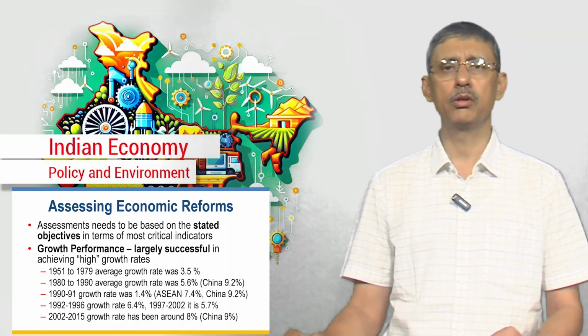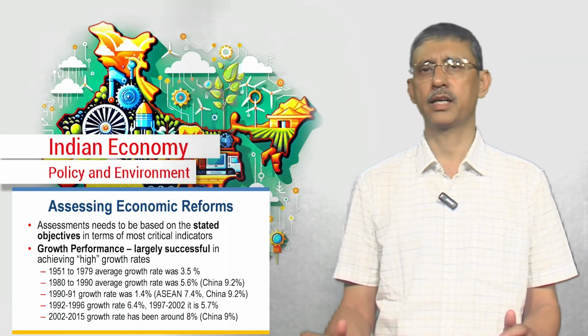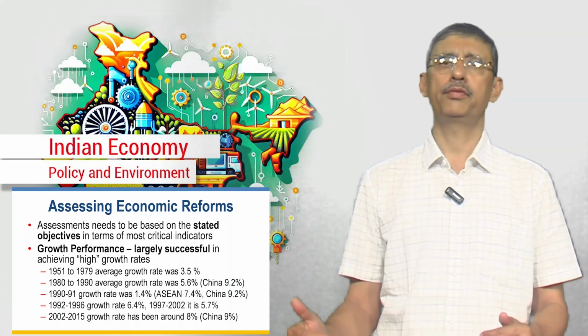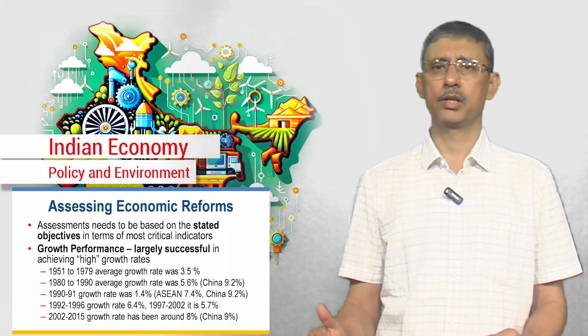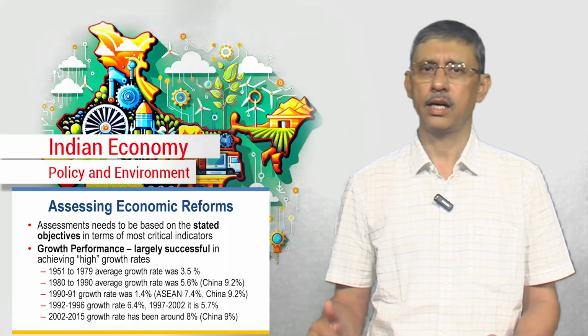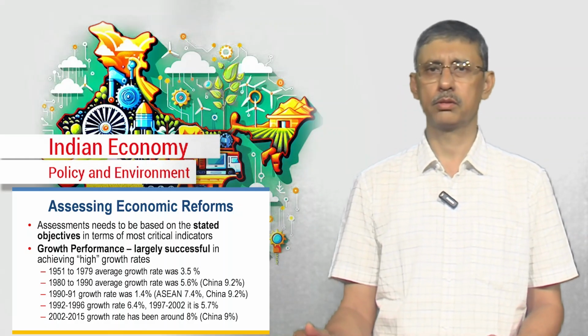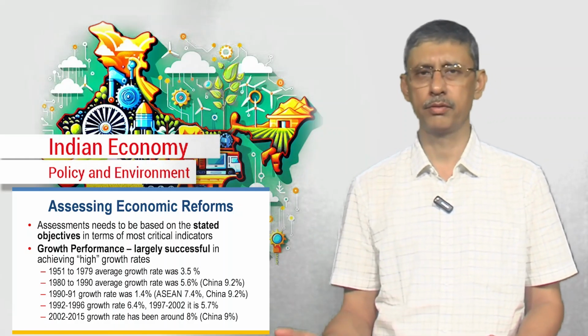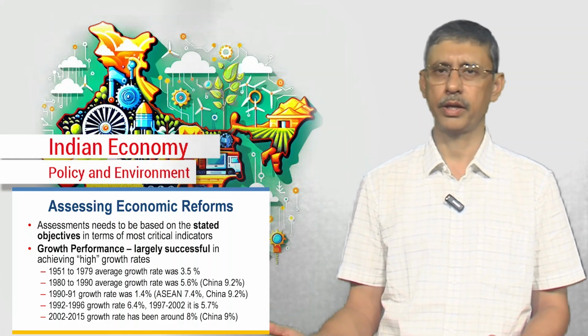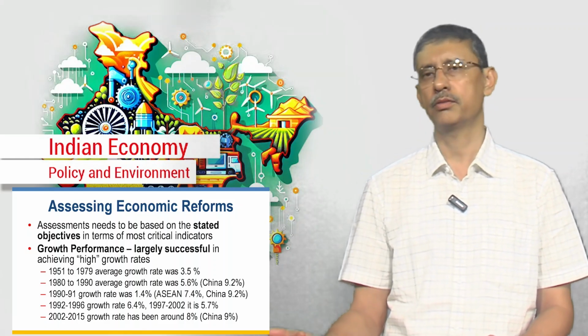So if we look at the long period since 1991, you can easily find that economic reform resulted in higher growth compared to the entire period from 1951 to 1979, where the average growth rate was 3.5%.